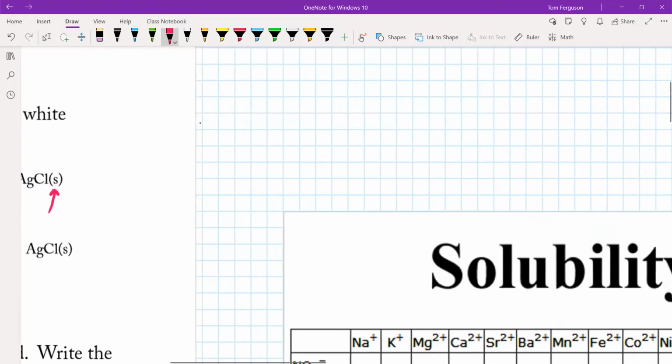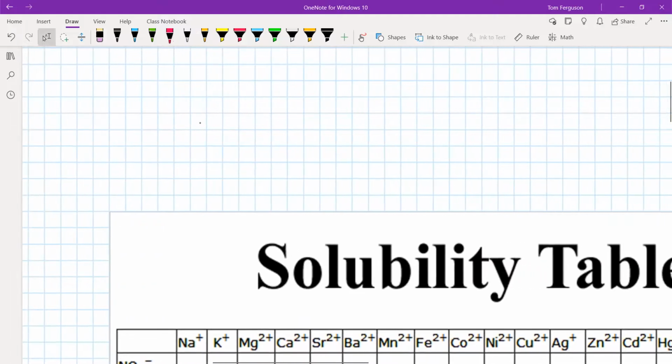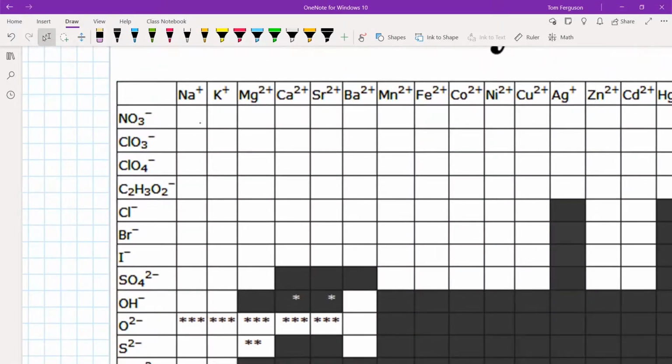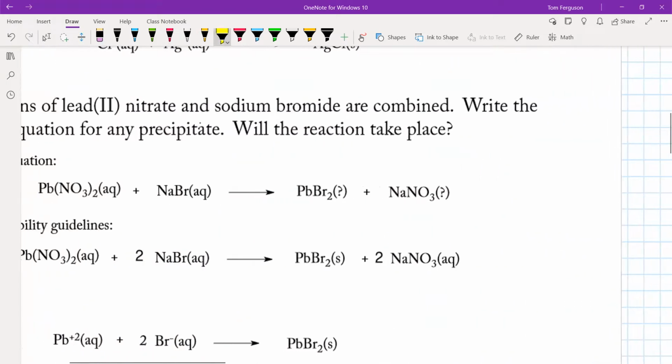Now you can tell that on our solubility table, because you've got chloride and silver, black. That means it's a solid.